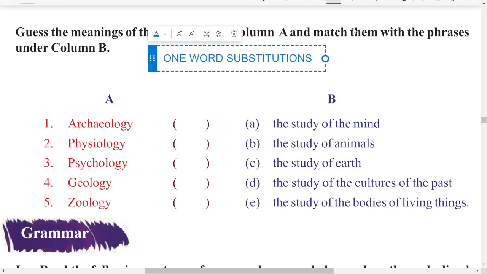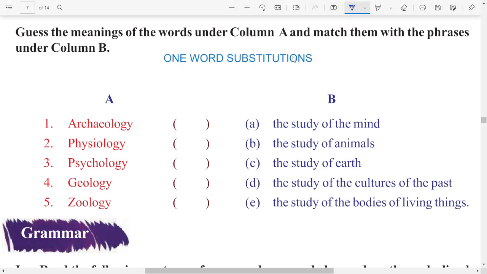In the examination, out of 30 questions you might get in the TET DSC exam, TET entrance, you would get nearly one or two one word substitutions. That will be basically from this type of studies, because this is all related to studies.